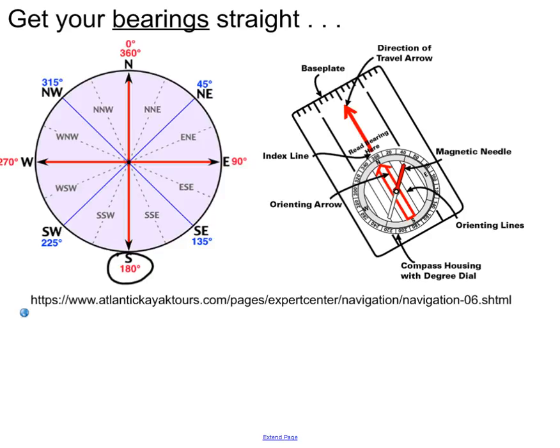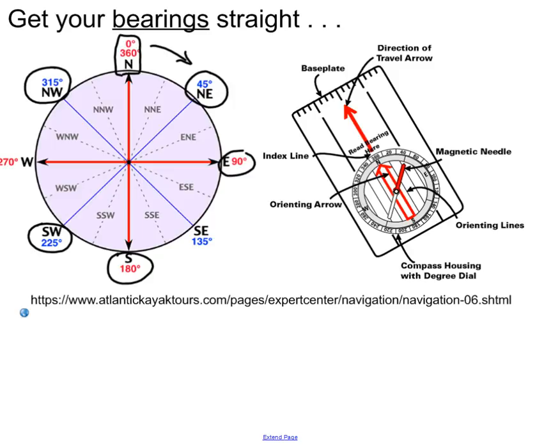Southwest, for example, is 225-degree bearing. Due east, 90. Northeast, 45. Northwest, 315. Okay, so this just uses a full circle, and angles are always measured clockwise from north, which is 0. Okay, if you've gone around full rotation, you'd call that 360 degrees, but really you're at north again, which is 0-degree bearing.